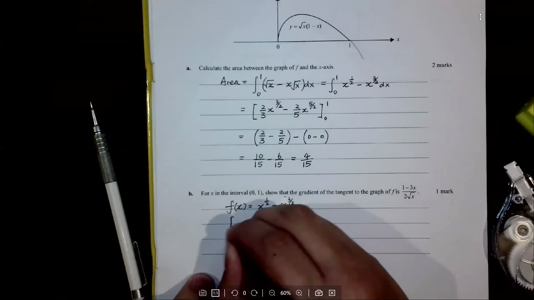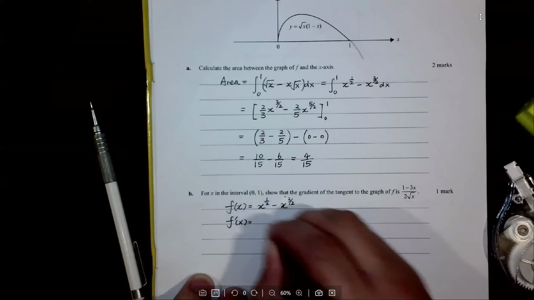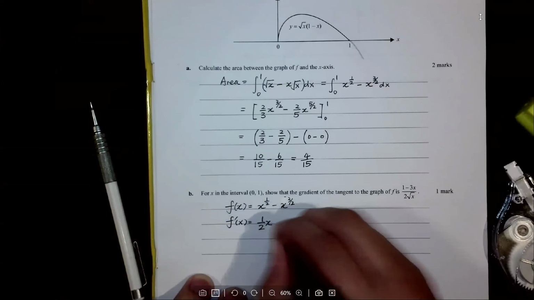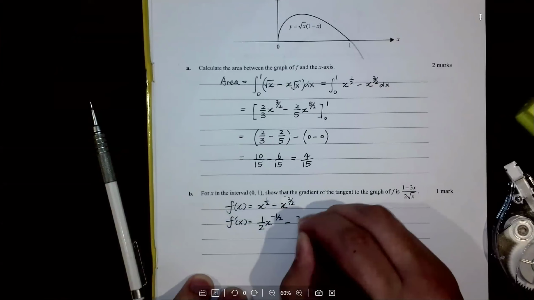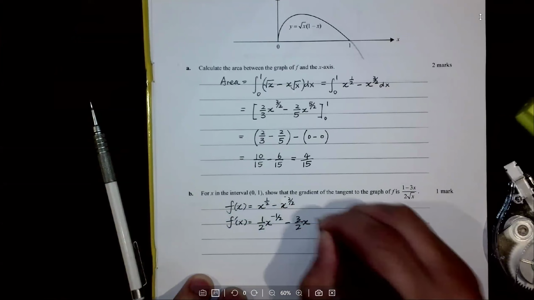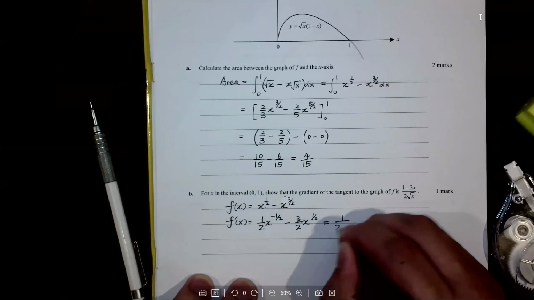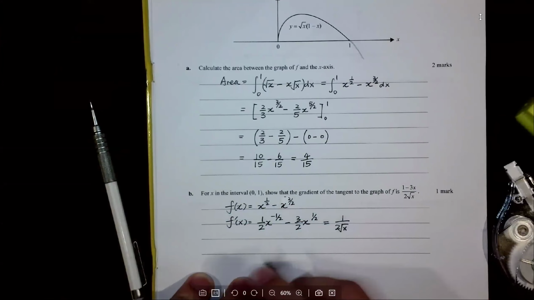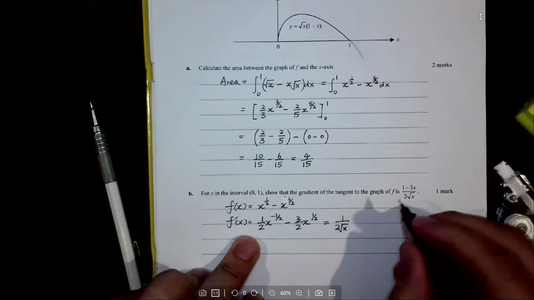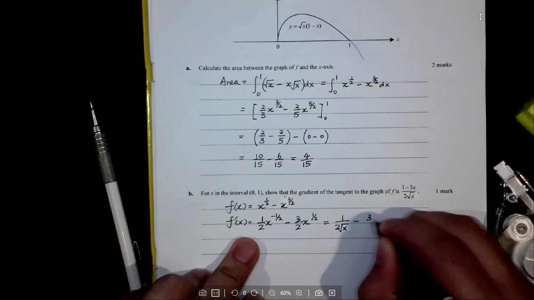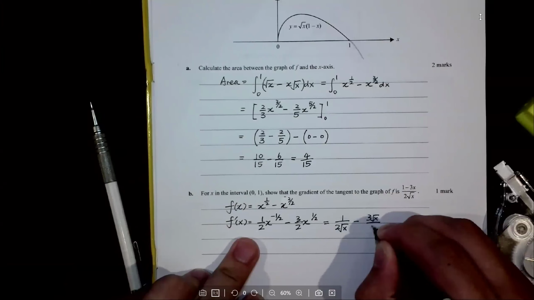Next thing is I just take the derivative as per normal. So half x to the power minus half, take away 3 on 2, x to the power half. Then I'm going to write them as fractions and radicals. So the first term is 1 over 2 root x minus 3 root x divided by 2.